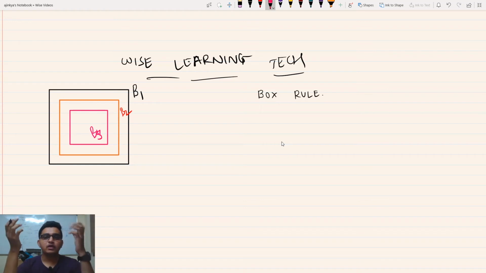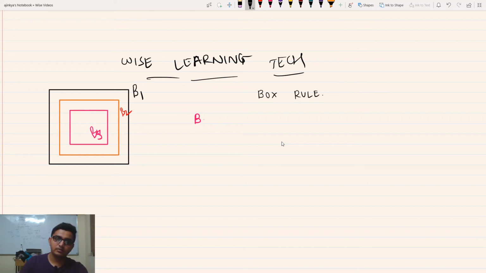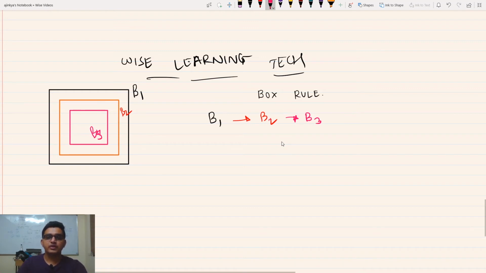So in the real world, imagine you have to open 3 boxes. How are you going to open them? Well, first you'll open box 1, or rather B1, then you're going to open B2, then you're going to open B3. Isn't it? So it's very simple.